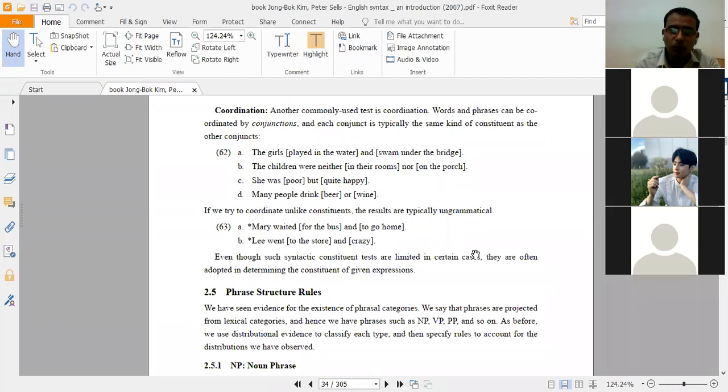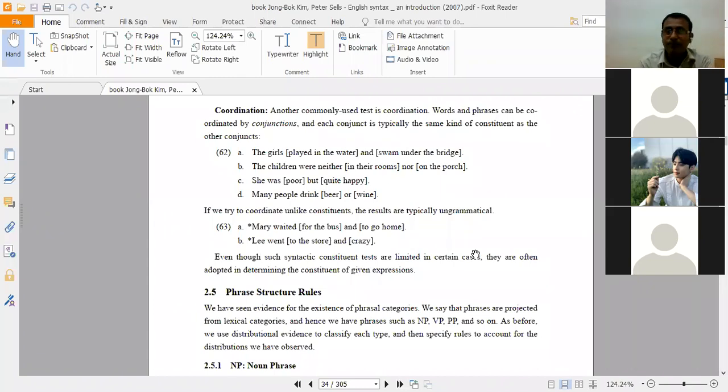She was poor but quite happy. So poor is an adjective, quite happy is also an adjective. Many people drink beer or wine. So beer is a noun and wine is also a noun. So both nouns are joined here with "or", both adjectives are joined here with "but", two prepositional phrases are joined here with "neither nor", and two verb phrases are joined here with "and": played in the water, swam under the bridge.